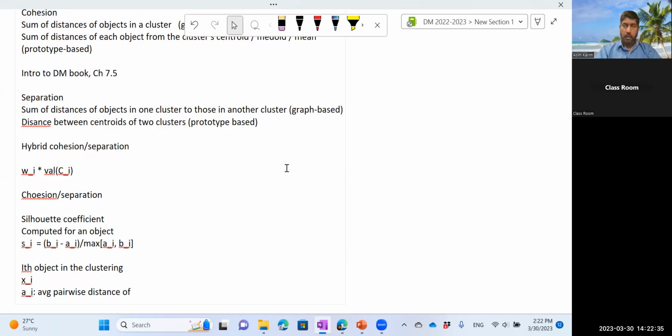Distance of xi with other objects in the same cluster. Object xi is in one cluster, and that cluster has other objects too, so it is the average of the distances of xi with the rest of the objects within the same cluster. So if there are, let's say, 10 objects in a cluster and xi is one of them, then you will take 9 distances, sum them and divide by 9. So this is the average. Obviously, since this is distance, a smaller value would generally be considered better. So this is a measure of cohesion. Smaller values would be considered better.